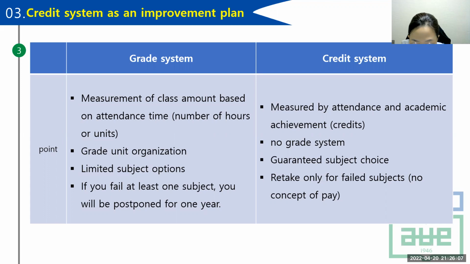In the case of academic year system, there is a limit to the choice of a subject, but the credit system guarantees subject choice. In the academic year system, if you fail even one subject, you will be delayed for 1 year. But there is no concern of retention because the credit system requires that only failed courses be taken.